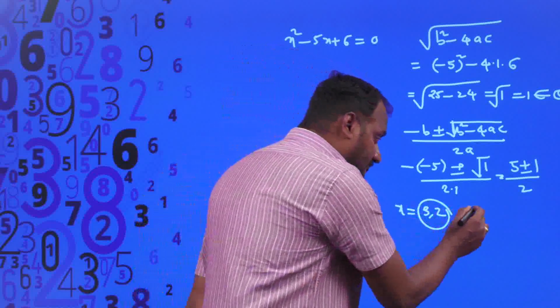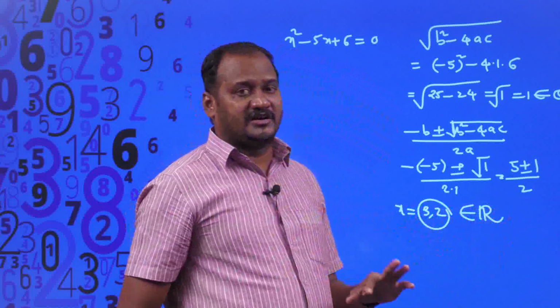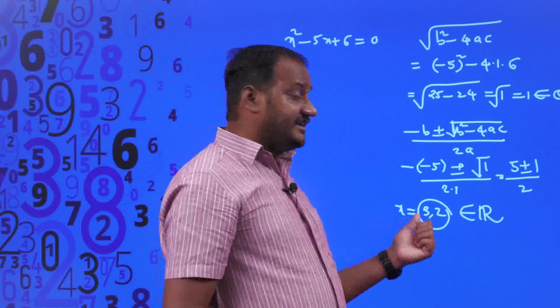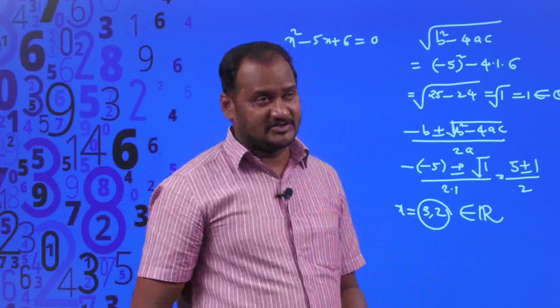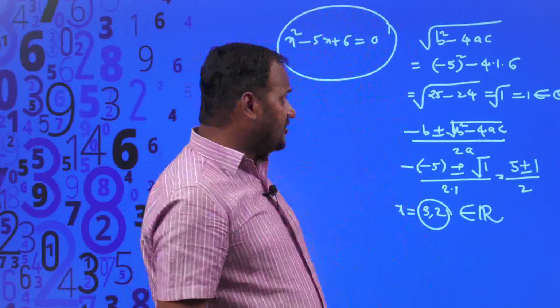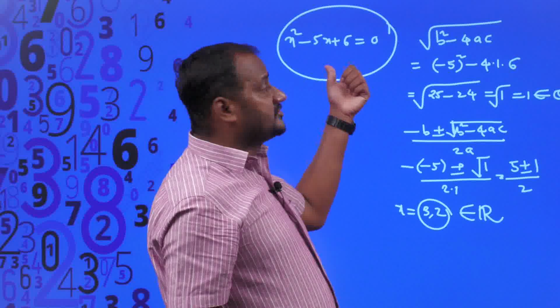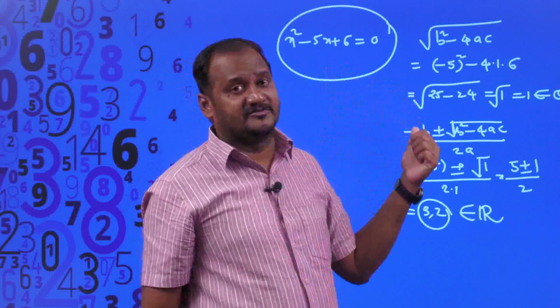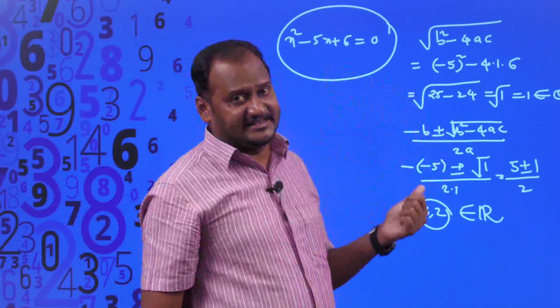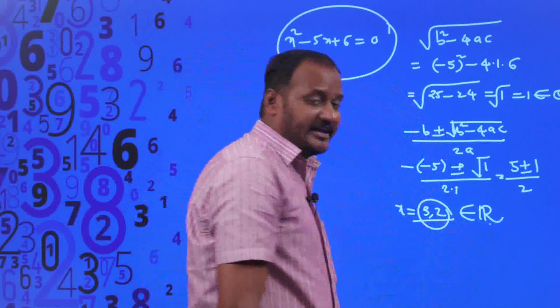These 2 numbers are purely real numbers, and of course 3 and 2 are not the same numbers. So 3 and 2 are different numbers. So I can say for this quadratic equation, without actually finding the roots, what kind of roots x square minus 5x plus 6 equal to 0 has? It has roots that are both real as well as not equal.